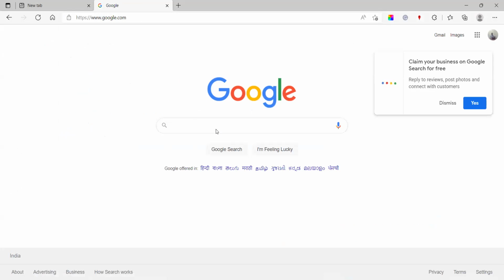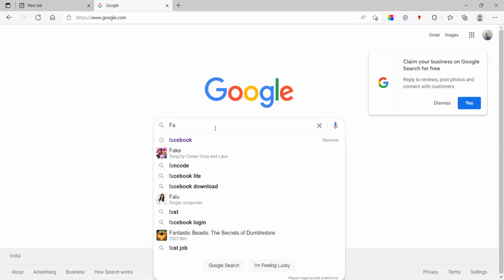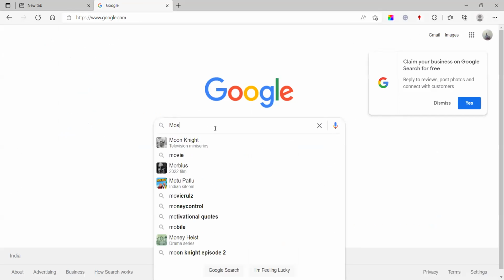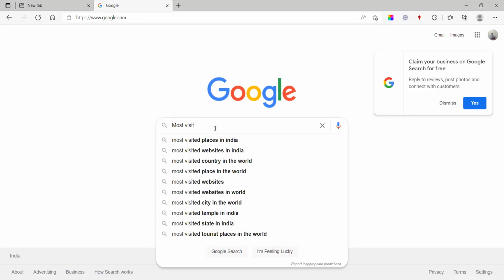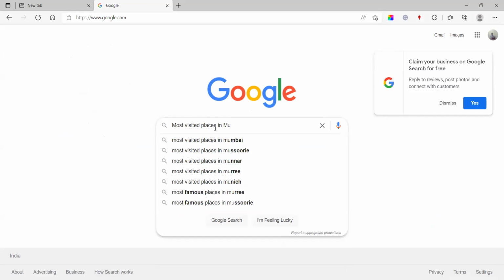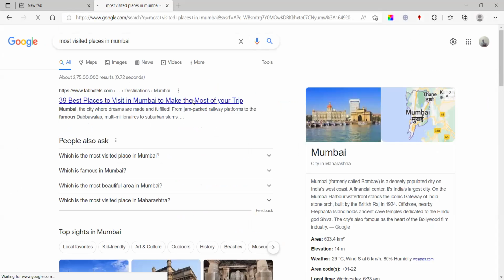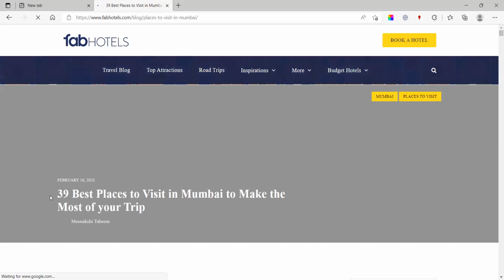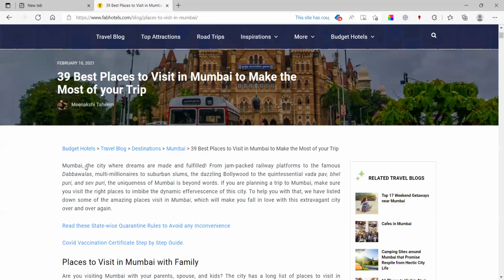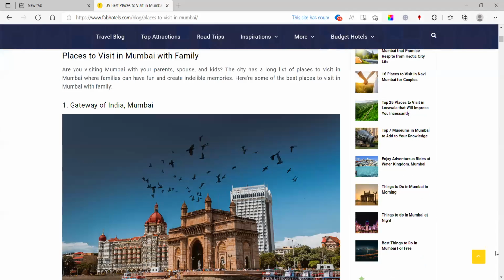We need to understand the famous, most visited places in Mumbai. I just open this website, and you can see the most famous places to go.